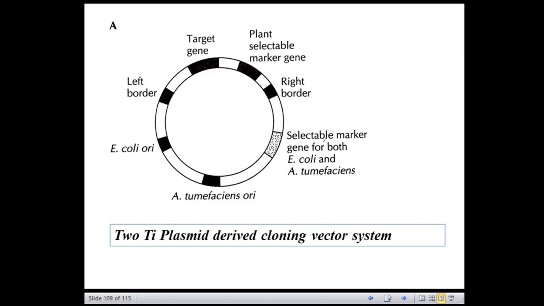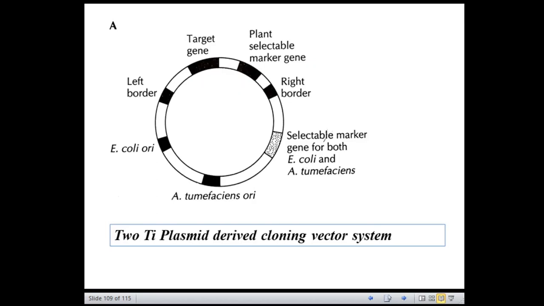In one approach, a binary vector system is used, as shown in the figure. The binary cloning vector contains both E. coli and Agrobacterium tumefaciens origins of DNA replication. If you carefully see, you will find the two origins of replication: number 1, E. coli, and number 2, Agrobacterium tumefaciens.